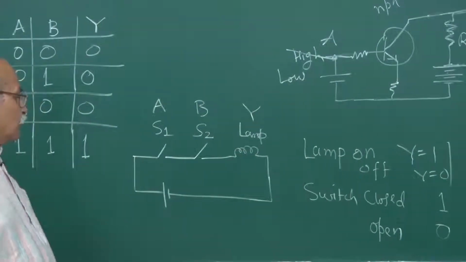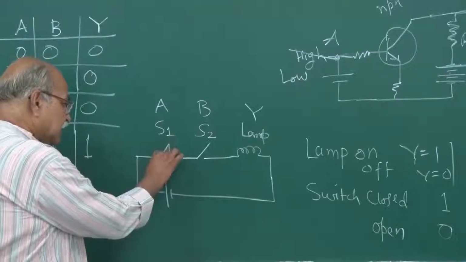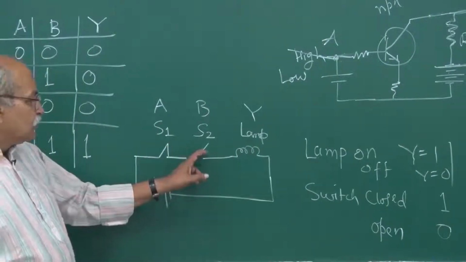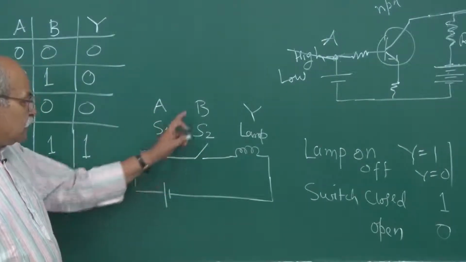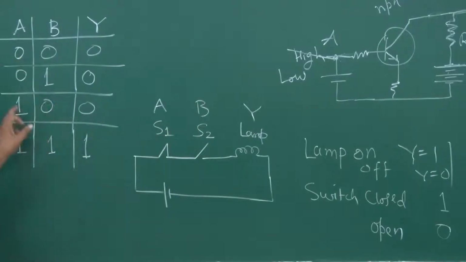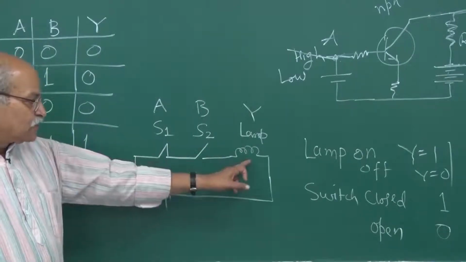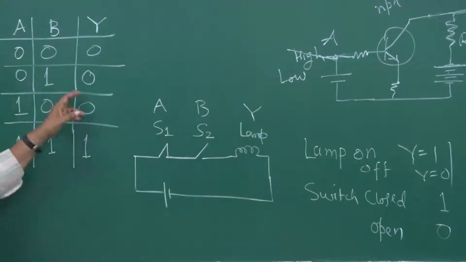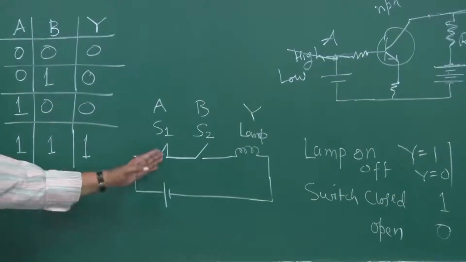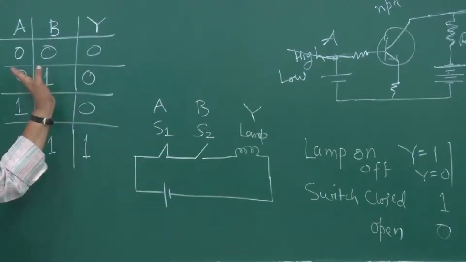And if one of the switches is closed, the other switch is open, so A is 1 and B is 0, in that case also there is no current in the circuit, the lamp is off, and therefore Y is equal to 0. If this is open and that is closed, then also the same story.